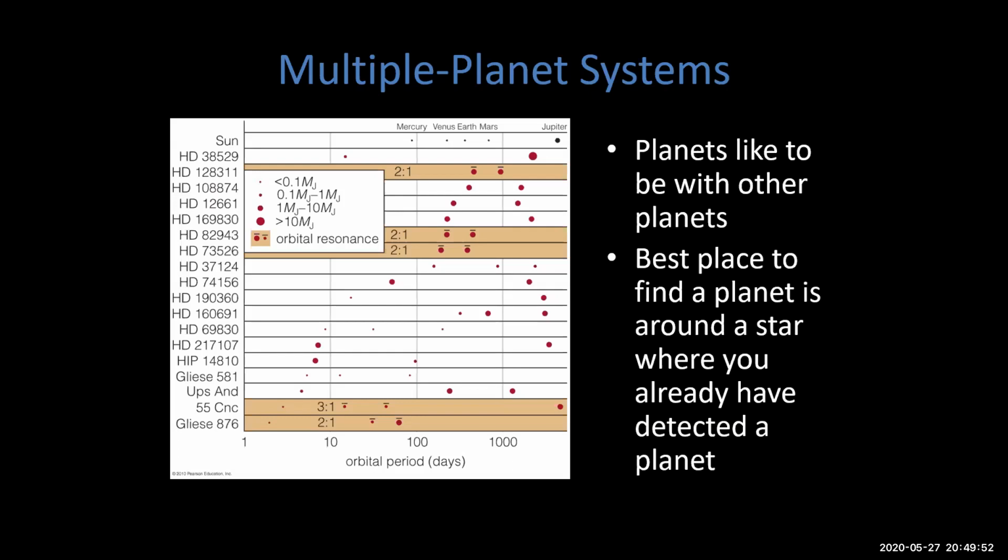Multi-planet systems. Here are a wide number of planetary systems. Some people in class, I think, are doing posters on some of these. You'll notice that some of them show orbital resonances.